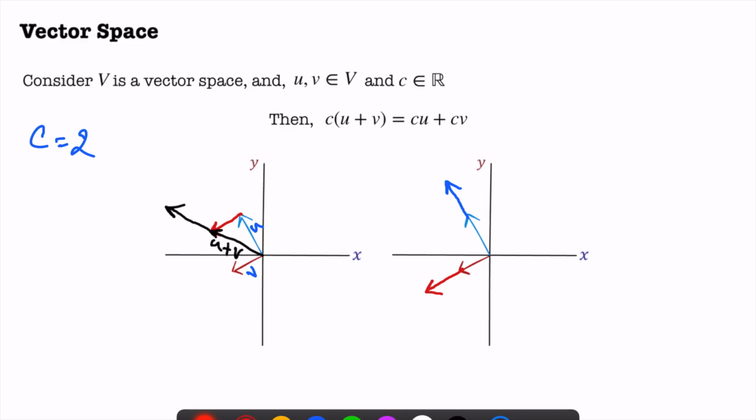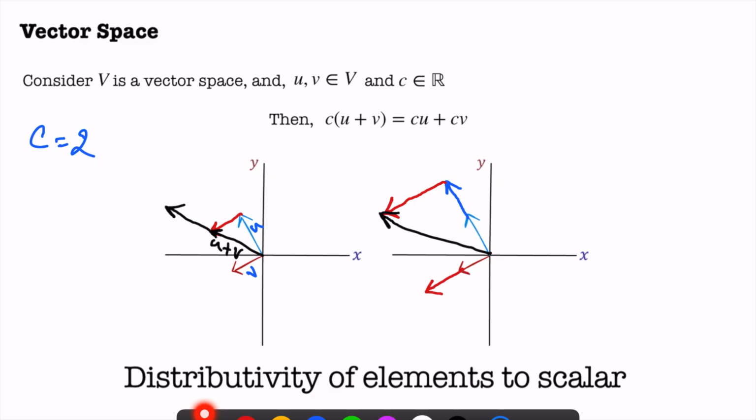So for that we'll move this one here, and our resultant vector will be this one. So definitely this one and this one should be same. This property is called distributive nature of elements to scalar.